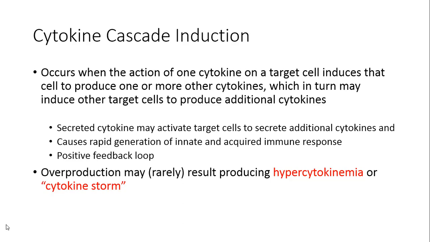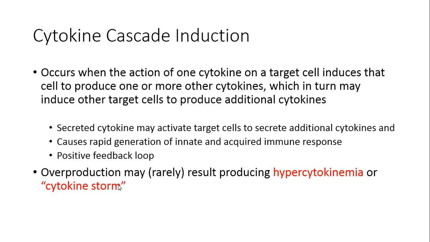This sometimes can result in an overproduction of cytokines. This overproduction, where we're just constantly producing more and more cytokines and stimulating more immune cells, can result in something we call hypercytokinemia or a cytokine storm. It's just about as bad as you'd think it sounds.